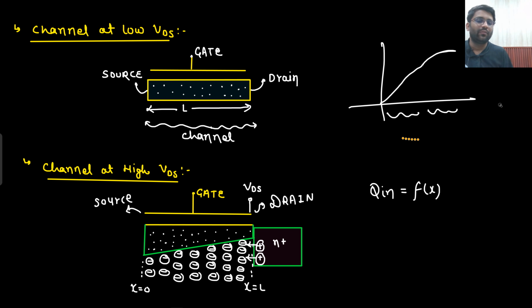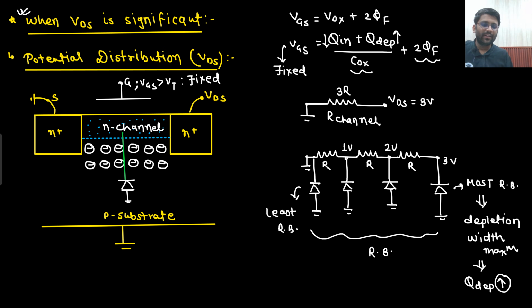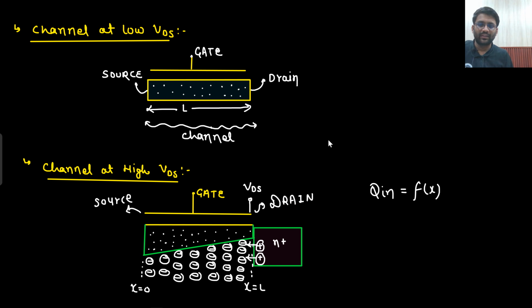Let's understand it with one more perspective. With one more perspective we can understand, but let's first read out the theory. Okay, let me give another perspective here. So how can I show it? Previously your R channel was 3R, right? R channel we put as 3R, and we had a VDS potential.